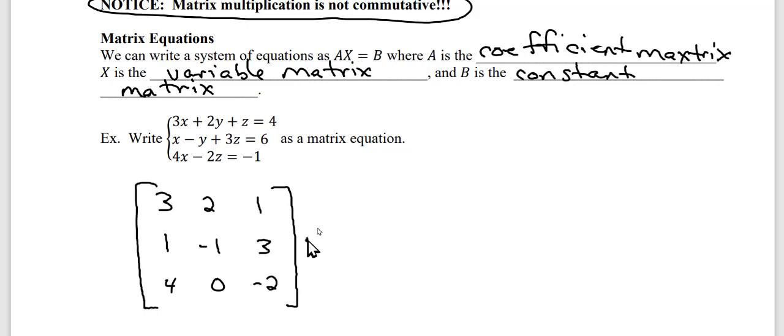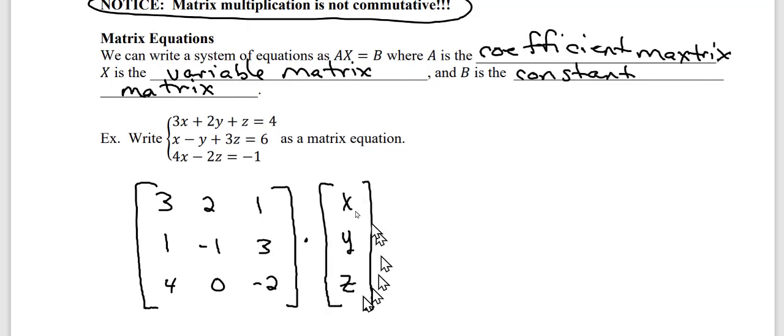Now, if we multiply that by a variable matrix that contains the variables vertically, we would multiply the 3 times the x plus 2 times the y plus 1 times the z, right? You multiply the row by the column.